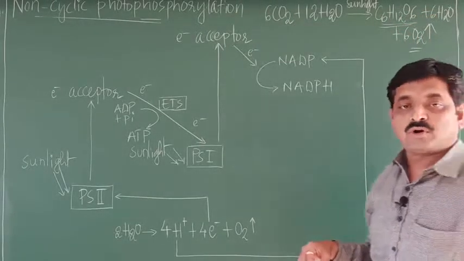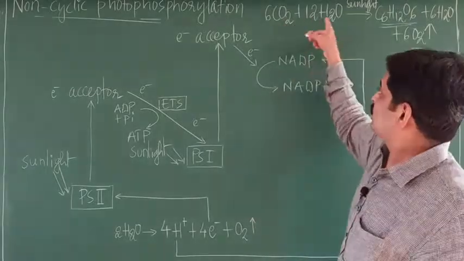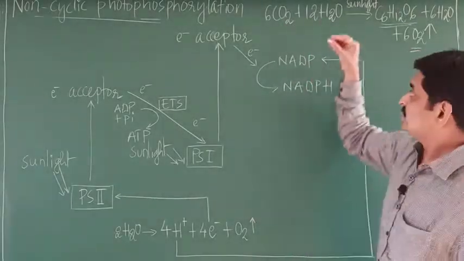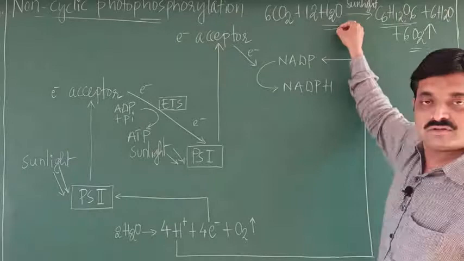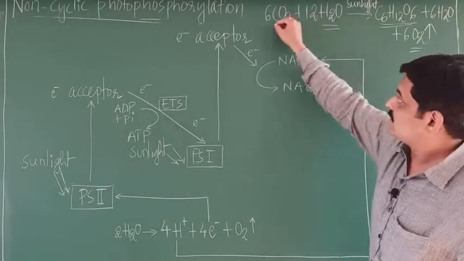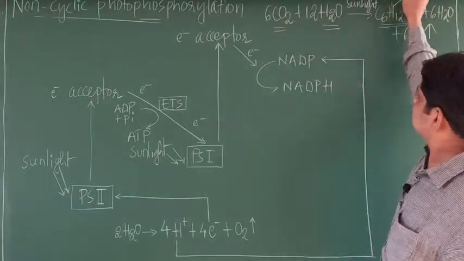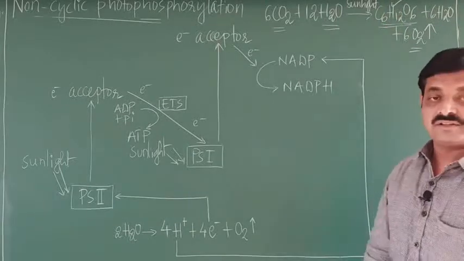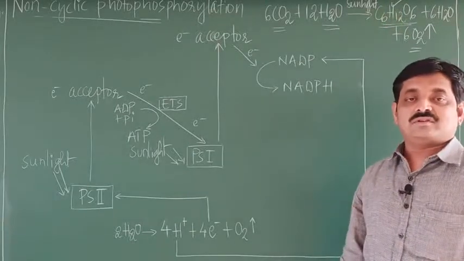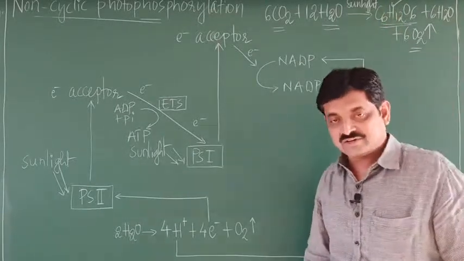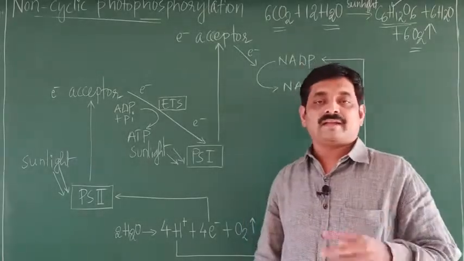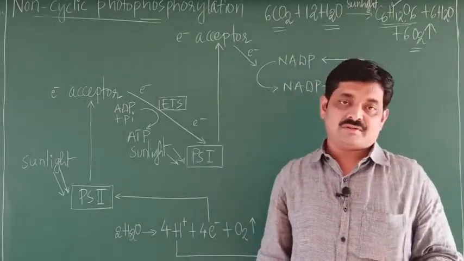So of the two important raw materials, CO2 and H2O, the water is used to produce oxygen and the carbon dioxide is used to produce glucose. This is how photosynthesis is divided into light and dark reactions.